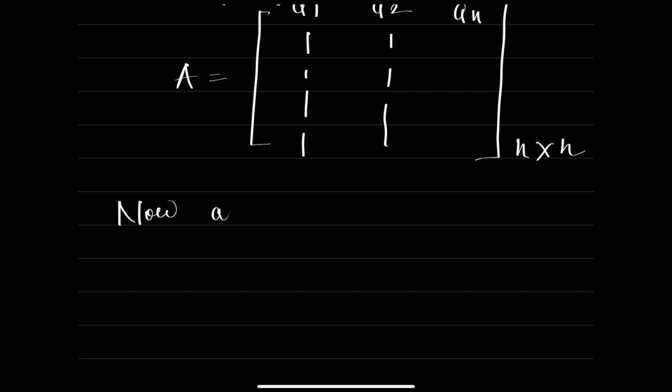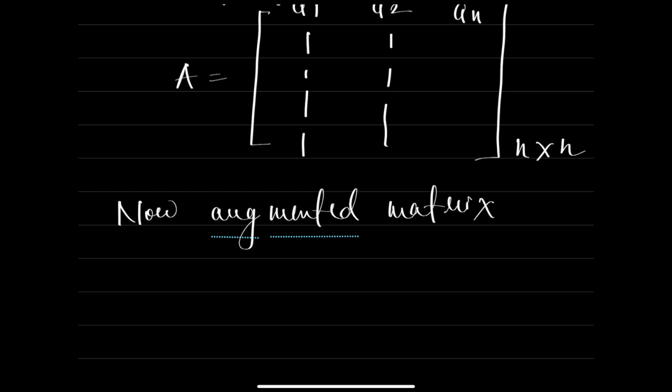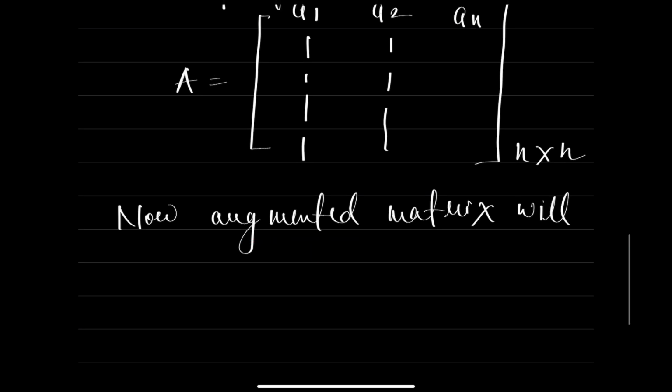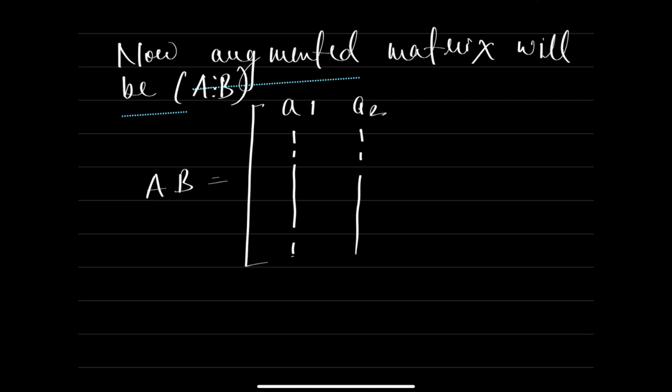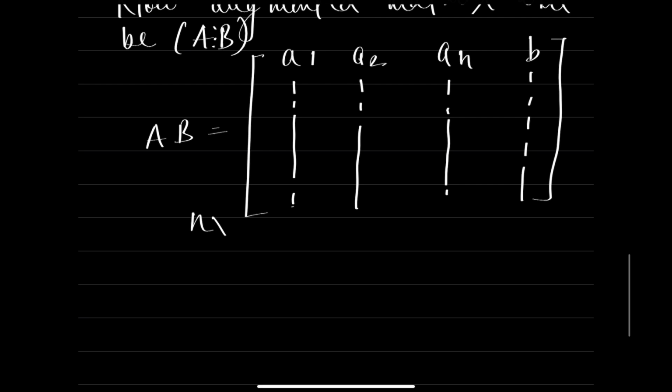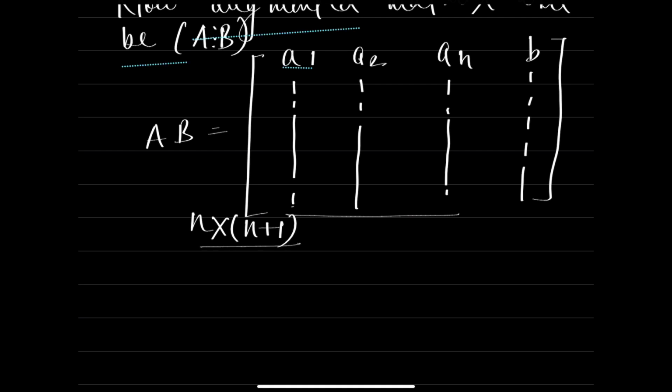Now the augmented matrix will be AB. AB will be a1, a2 up to an, and there will be an extra column b, so it is n cross n plus 1 due to the extra column.